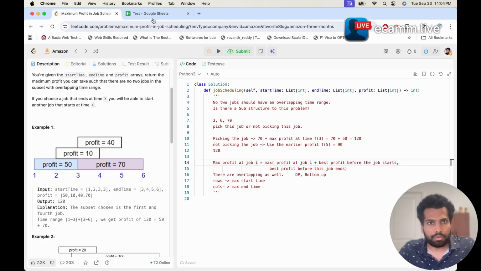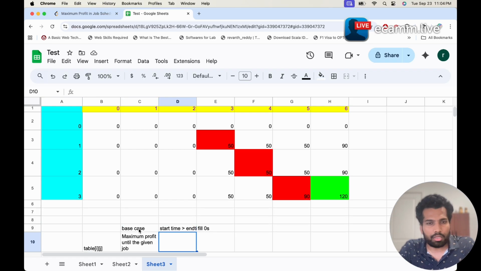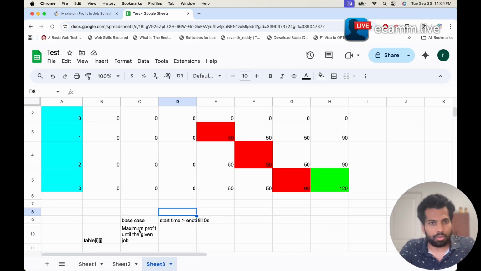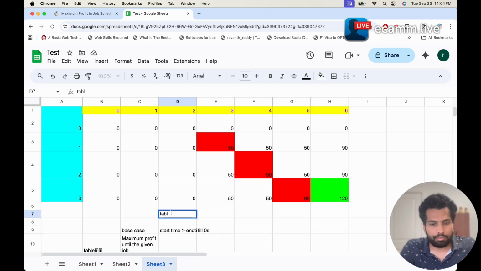Some of the base cases would be: if the start time is greater than the end time, then fill zeros in those cells. Then, when we try to solve this one, let's say I'm calling this table of 1, 3.